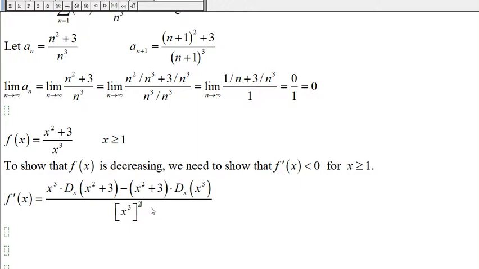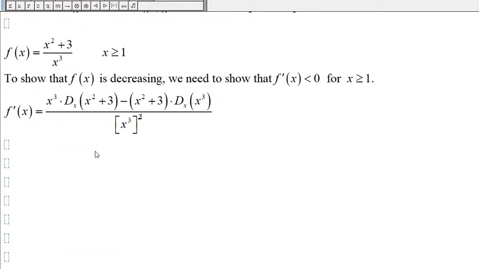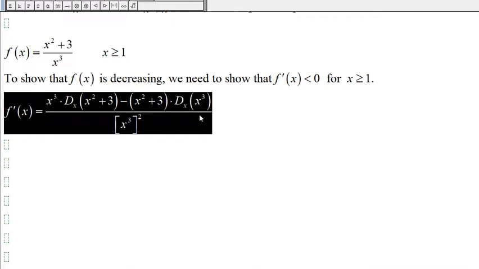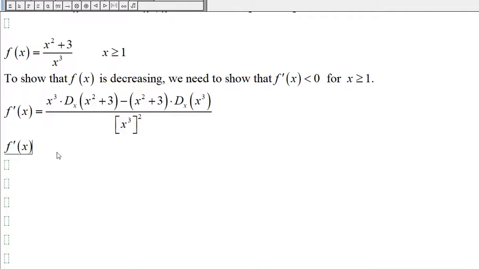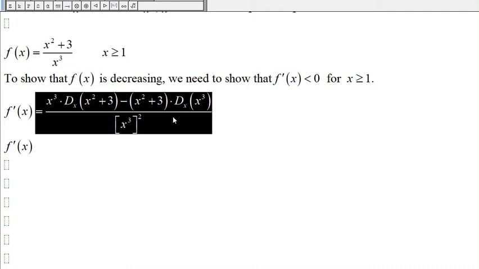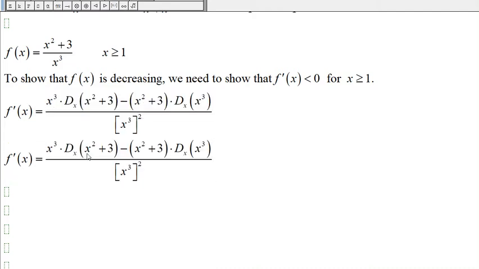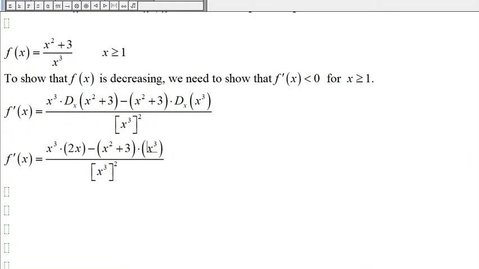And that's the quotient rule. The derivative of x squared plus 3 is just 2x. The derivative of x to the third is 3x squared. And then x to the third squared is just x to the 6.